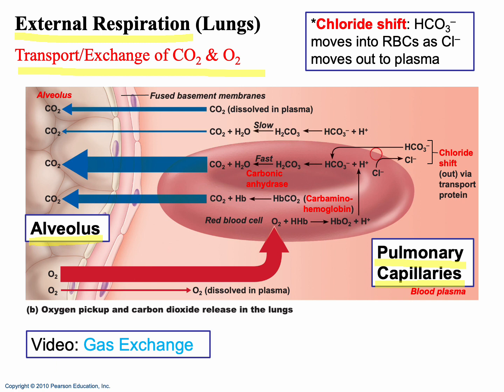So let's look at oxygen first. This big arrow here represents the movement of oxygen, and ultimately the major method here is that oxygen binds with hemoglobin. This is being represented right here.